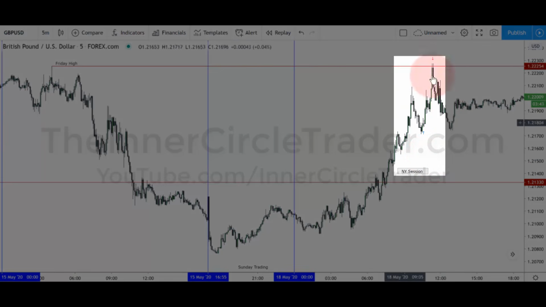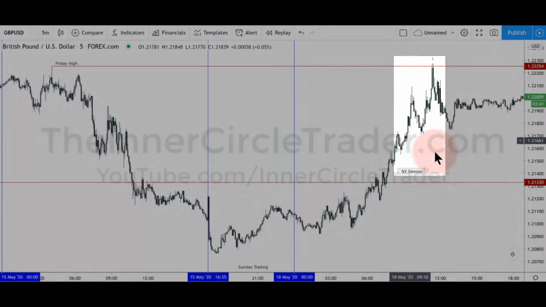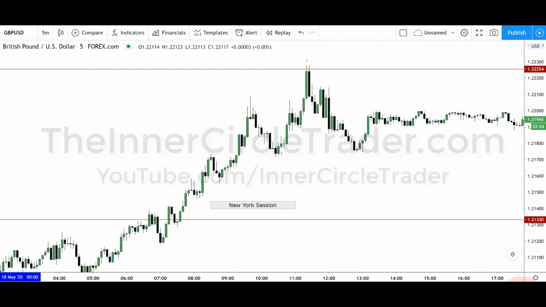And I'm going to zoom in to this little area right in here. All right, so here's our 5-minute chart, and we're zoomed into Monday, May 18th, 2020. And again, the New York session area where we highlight specific setups for this model. And for some of you that are actually familiar with this channel, it's not the ICT New York kill zone.